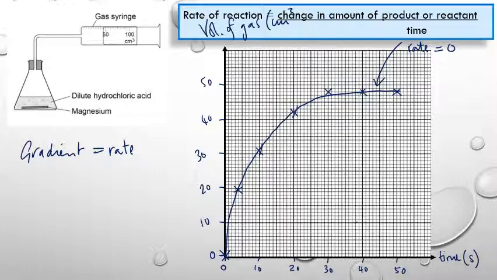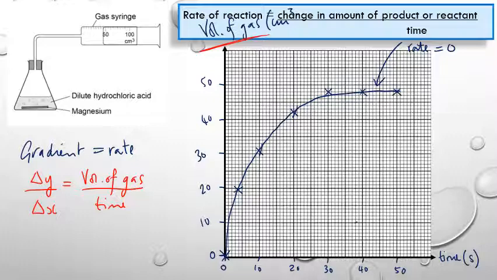Well, the change in amount of product, the volume of gas, is on my y-axis. So gradient, change in y over change in x, equals volume of gas on my y, and on my x, time. Volume of gas divided by time is rate, isn't it? Change in amount divided by time.